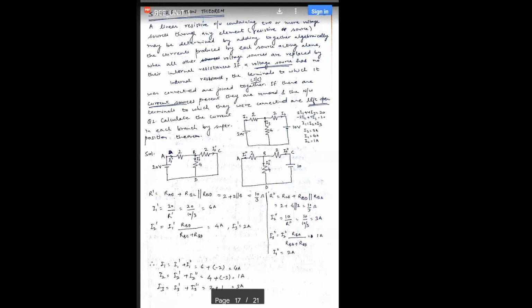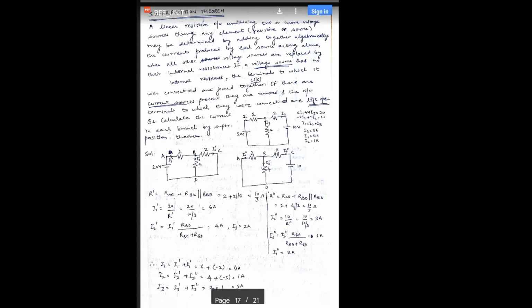So it can be voltage source or the current source, and we calculate the current flowing through the resistances by taking one energy source at a time, short circuiting the other voltage sources and open circuiting the current sources.